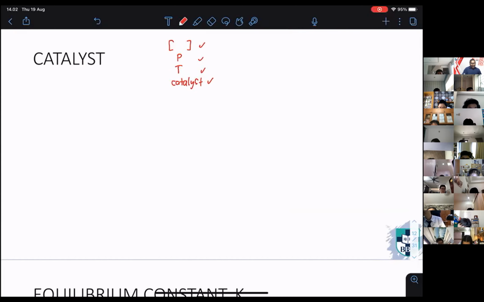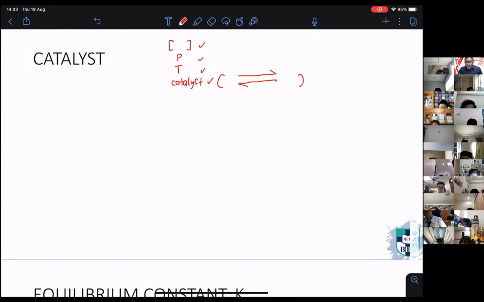But very important when it comes to catalyst, do remember the rate of forward reaction and rate of backward reaction are increased. Not only one, forward and backward. So if we are asking you, is there any change when you add catalyst towards the position of the equilibrium?